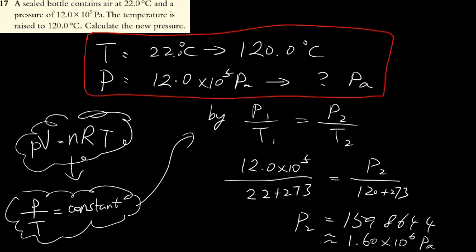After that, I will take a reference of the ideal gas law, PV equals nRT, and therefore I can clearly see that, comparing with the information I got, I can rearrange the equation so that it's P over T here, while the other parts, which include n and R and also V, are all constants in this question. And therefore I can easily construct that P1 over T1 equals P2 over T2.